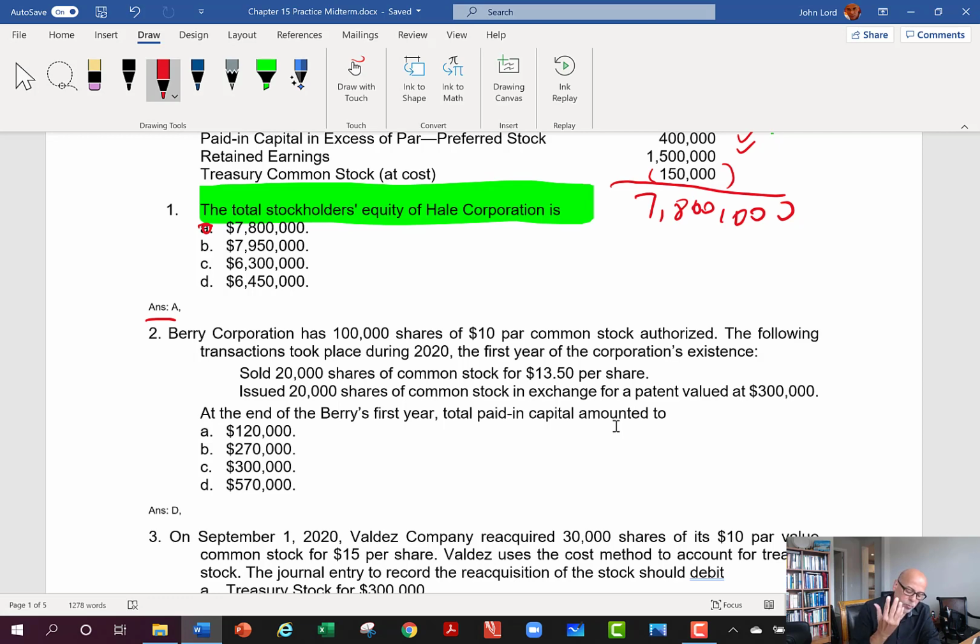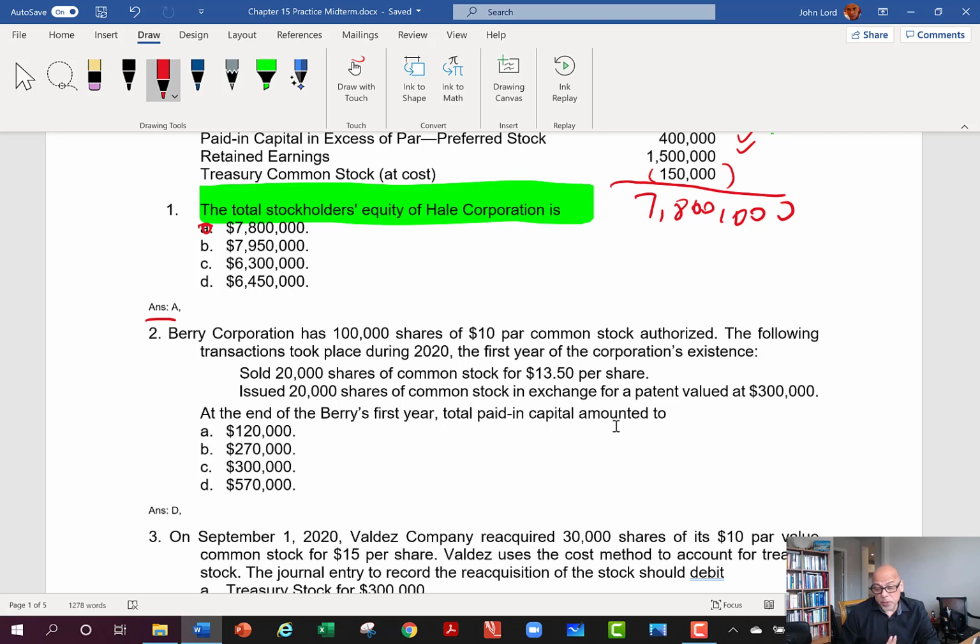Now, a couple things. Number one, the fact that they give me the number of shares that are authorized here is not necessary to answer this question. An entity does not have to issue all the shares that they're authorized. We calculate the amount of paid in capital based on what was paid in for the purchase of the stock.